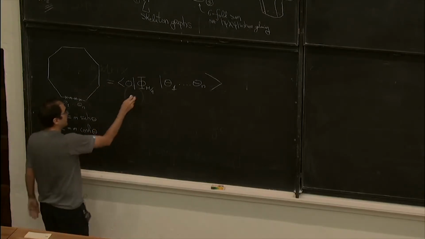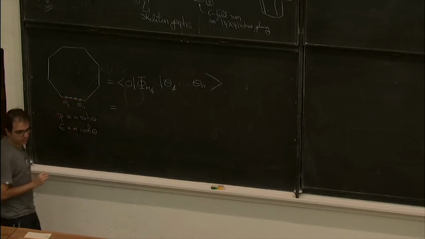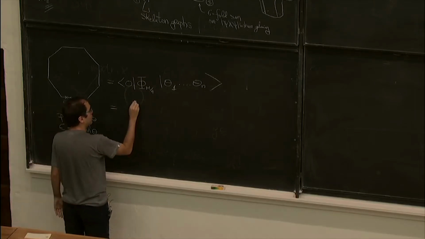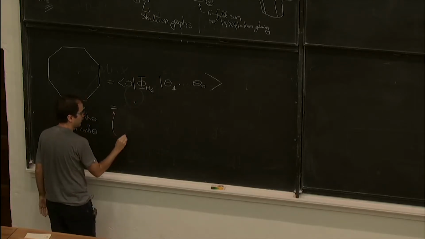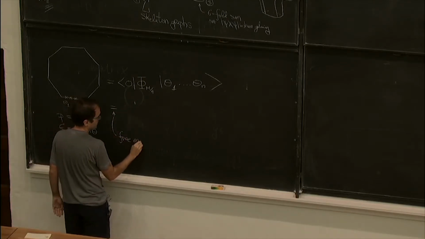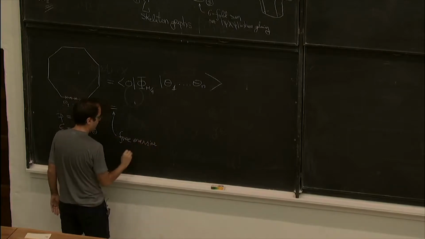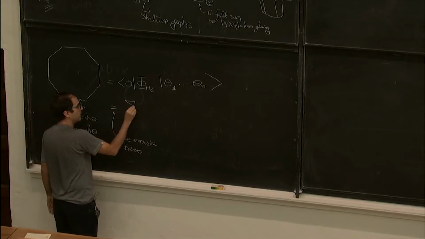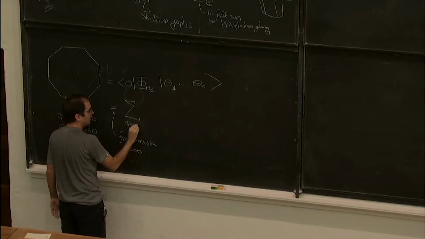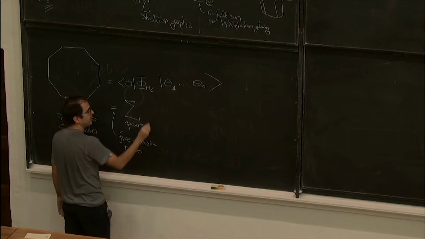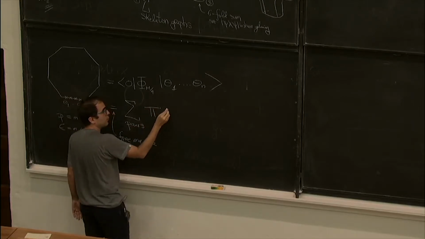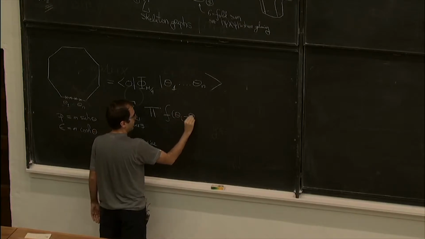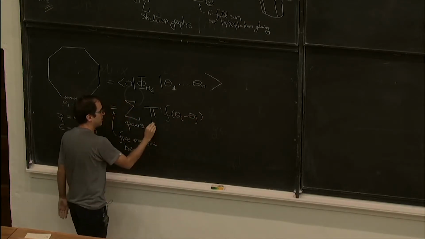And the result for this computation is the following. Let me write you the result and then we'll discuss it. This is now for a free massive boson. And this is equal to a sum over all possible pairs of rapidities you can make, and then product, it's like Wick contraction of all the rapidities, f of theta i minus theta j over these pairs.